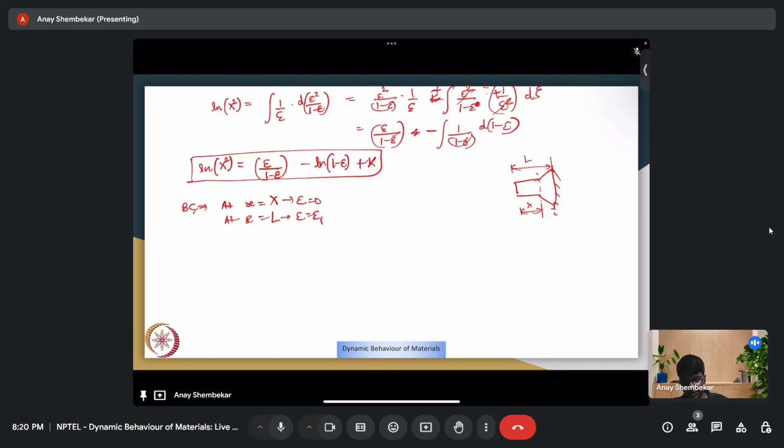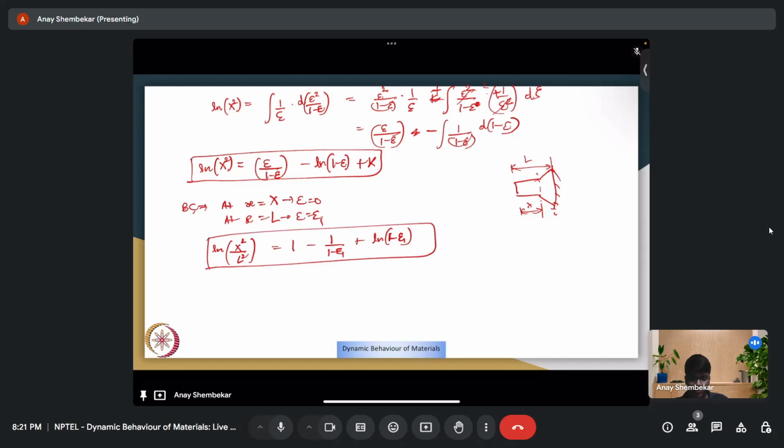So if I plug this in, I get ln of x square by L square is 1 minus 1 upon 1 minus epsilon 1 plus logarithm of 1 minus epsilon. This is what my general solution looks like.